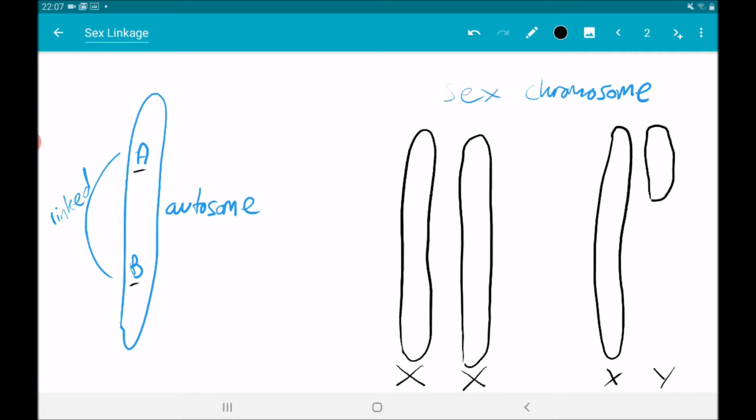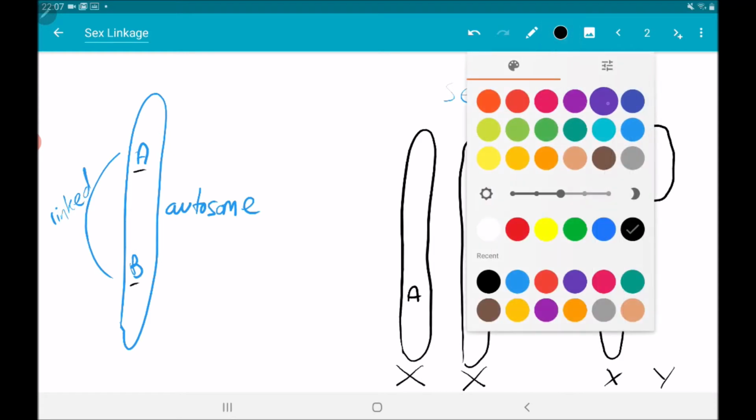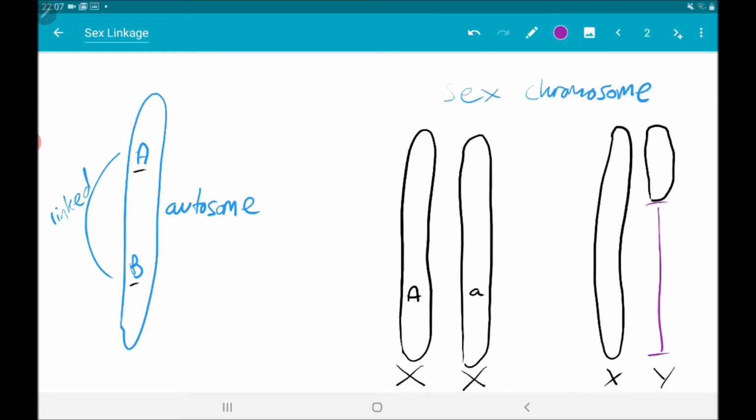What we find is that if a gene is on the region of the X chromosome where the Y chromosome doesn't have matching alleles, then that's going to affect the dihybrid inheritance.